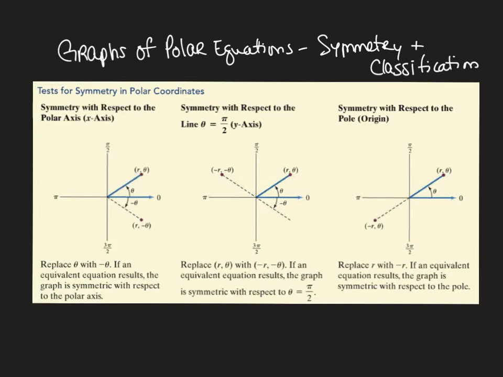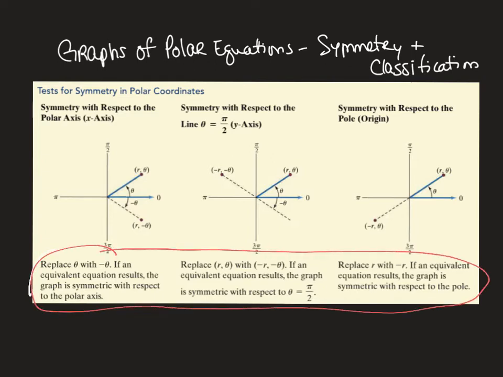However, here's the thing. This stuff down here tells you algebraically how you would do this. The problem is, if your equation passes the algebraic test, then there is definitely symmetry.